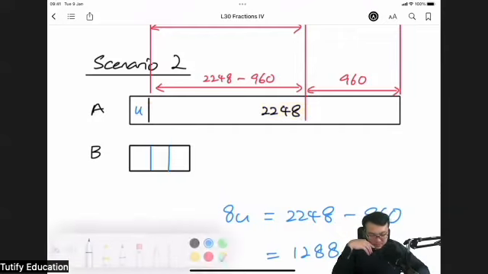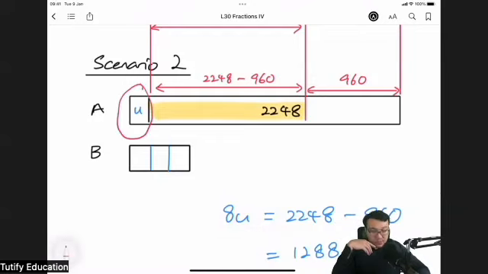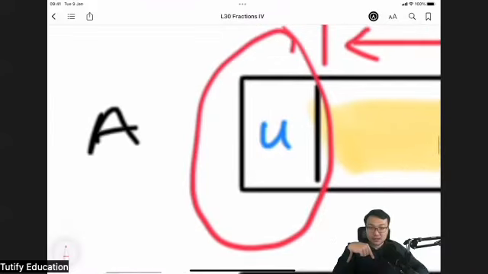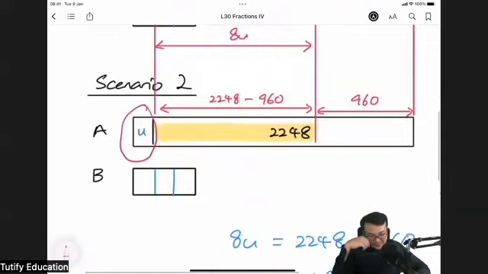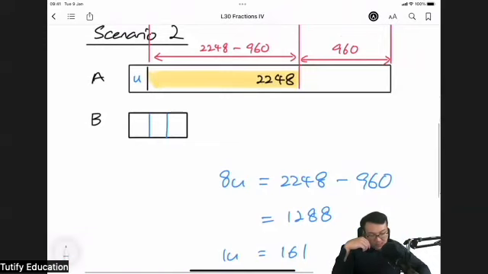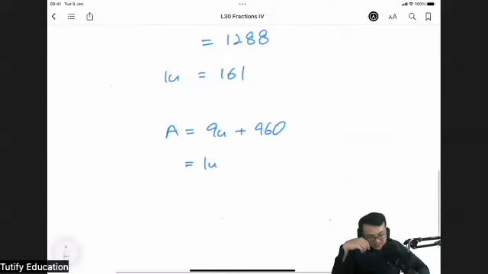How many units is this? 1. Wow, is it that difficult? 1 unit. Okay, it's already drawn for you. In the second model, Abel only has 1 unit. However, he also has 2248. So we can say this is 1 unit plus 2248.